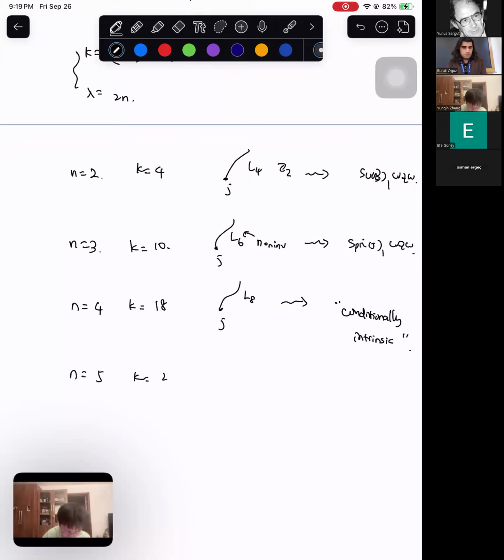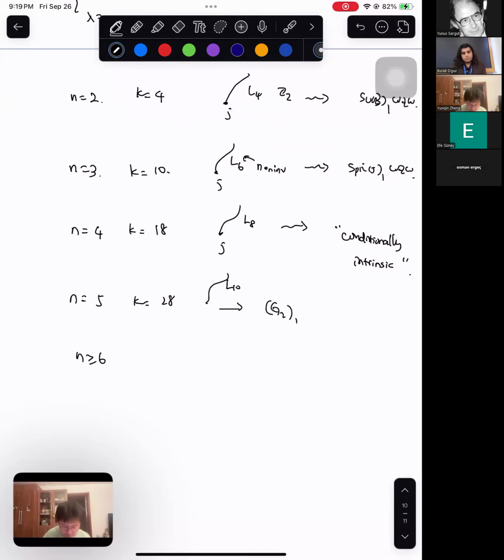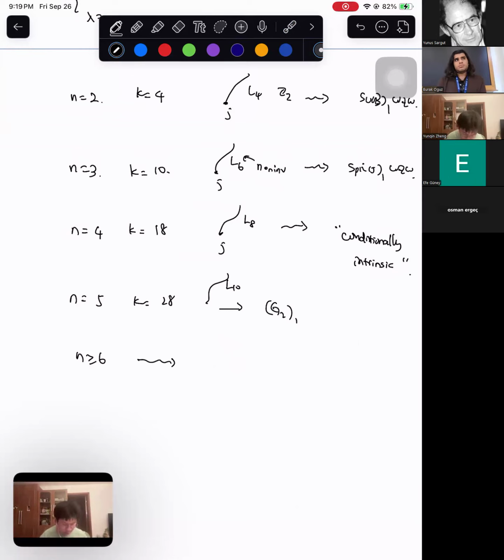And the next example is k=28. And it turns out that you can also gauge away this L10 line, which gives you a G2 level 1 WZW model. But when n is bigger or equal to 6, the situation is very similar to this case where the line cannot be gauged away while preserving the SU(2) level k Kac-Moody algebra. So they are also conditionally intrinsic.